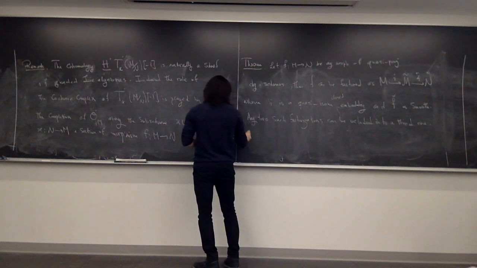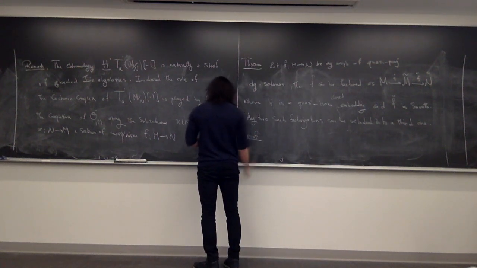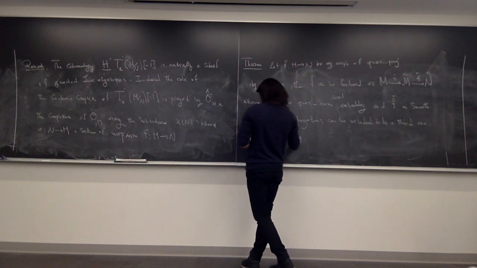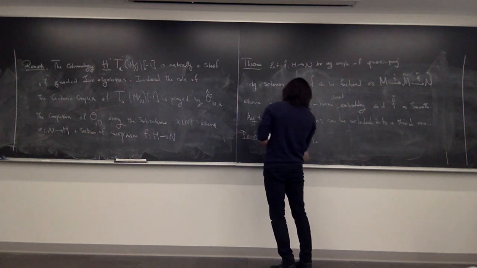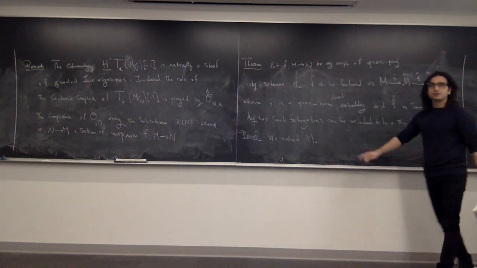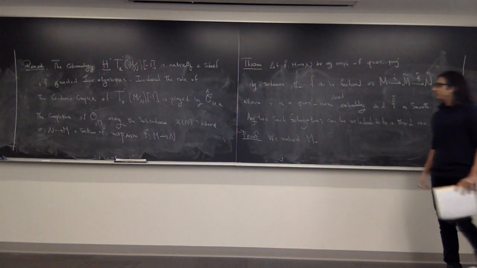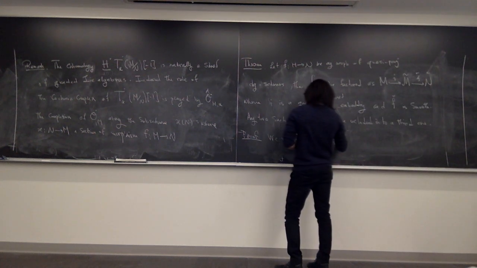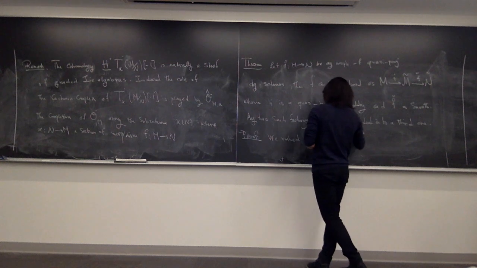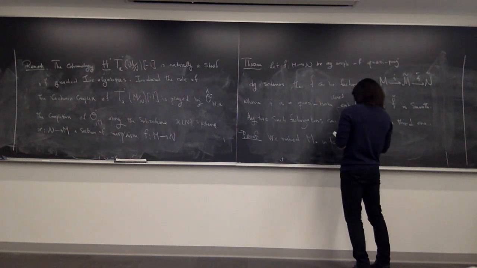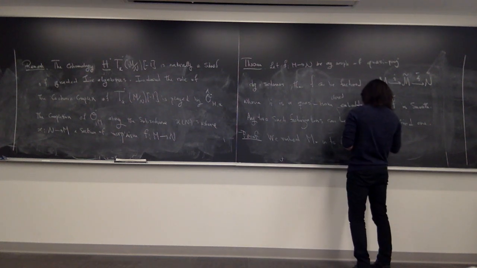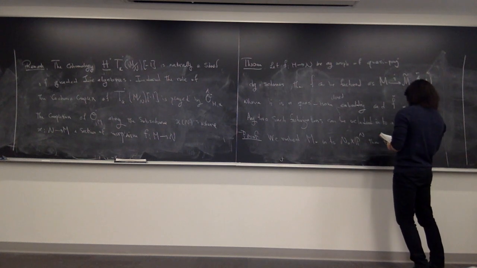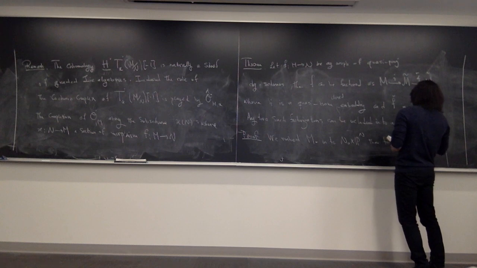So the proof is again similar to before. Proof of this is the following. We embed M0, which is the truncated part of the DG scheme M, into N0 times some P of n, then take N tilde 0 as an open set.